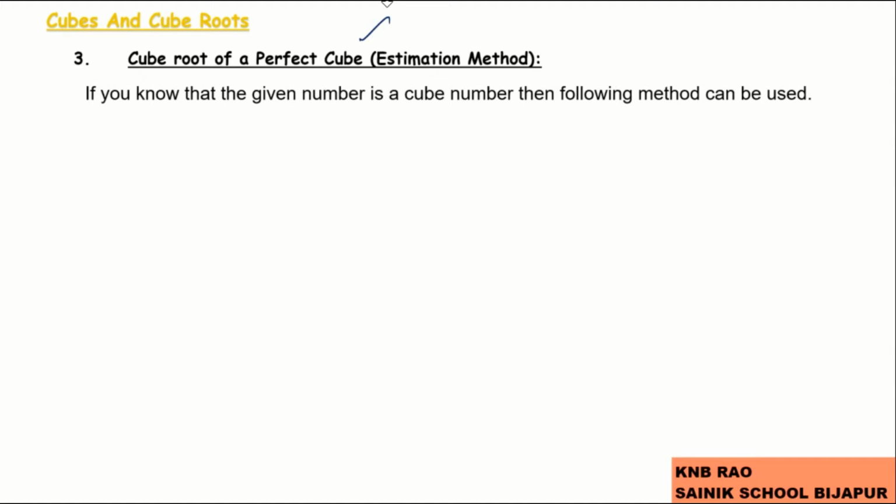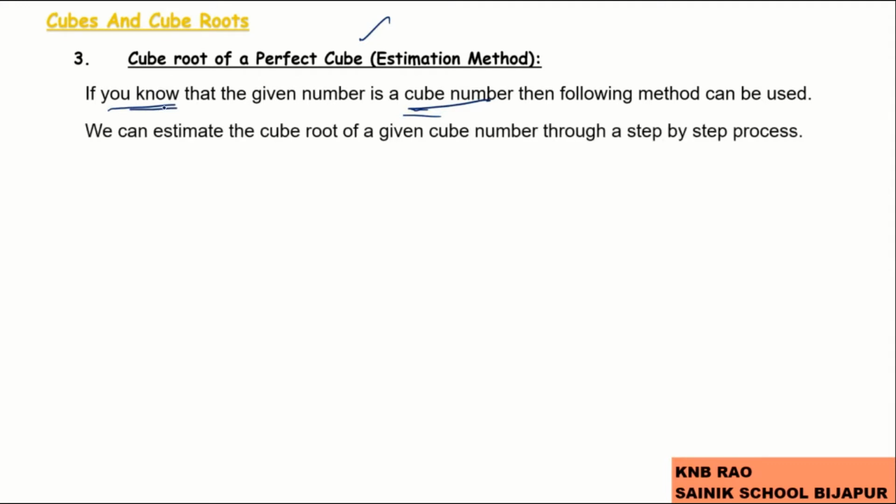First and foremost, you should know that the given number is a cube number. We can estimate the cube root of a given cube number through this procedure, where the procedure contains 3 steps. So you can follow step by step.